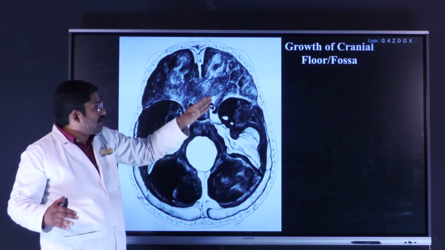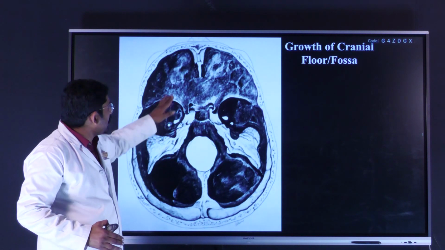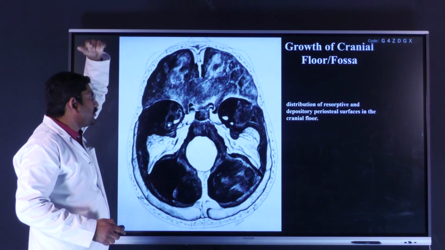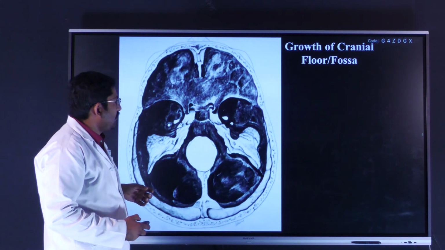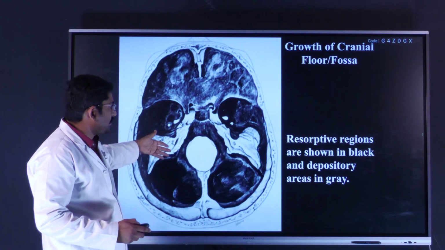The others are all resorptive. So this is the distribution of resorptive and depository periosteal surfaces in the cranial floor. Resorptive regions are shown in black and depository areas in grey.